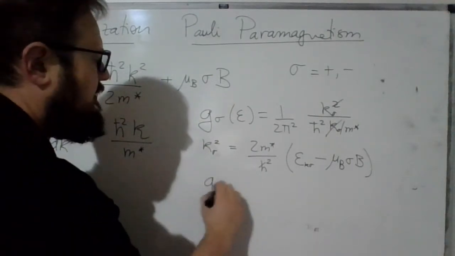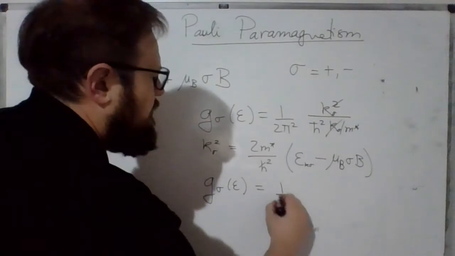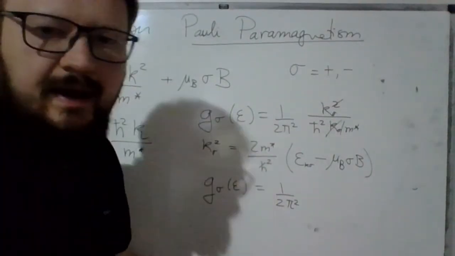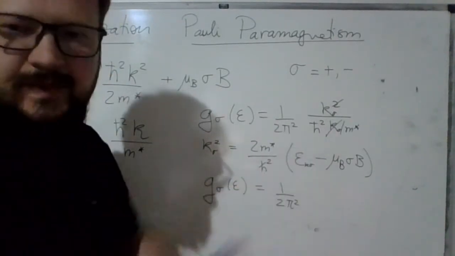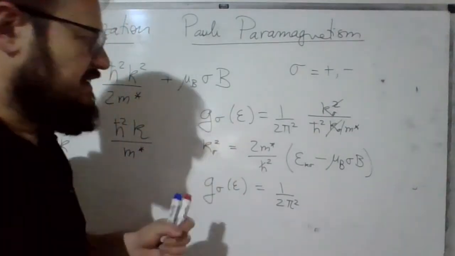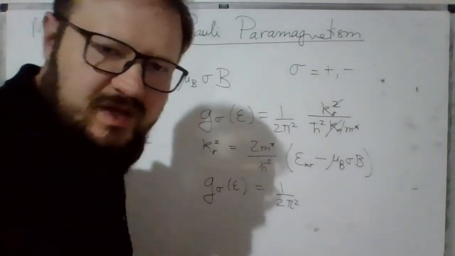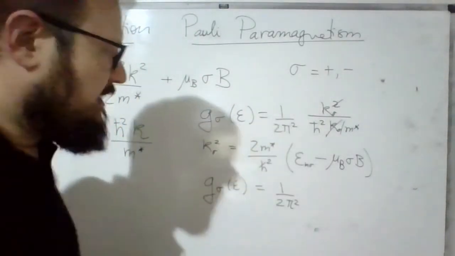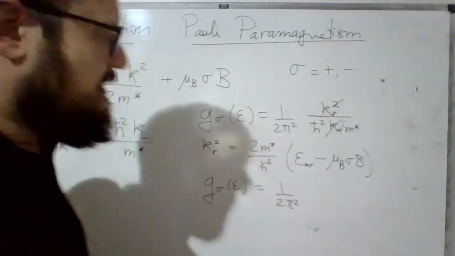Therefore, it just produces a factor, a displacement of the density of states. We have to have that because we already know that the energy shifts according to the applied magnetic field, and the shift is distinct for the up and down spins.